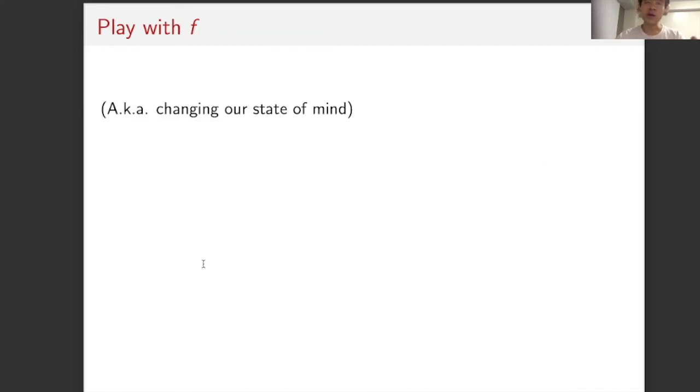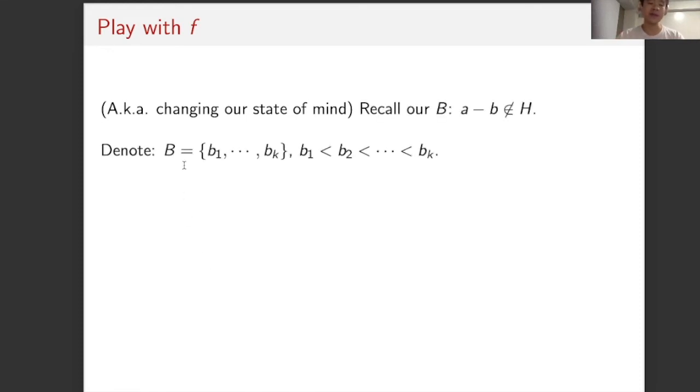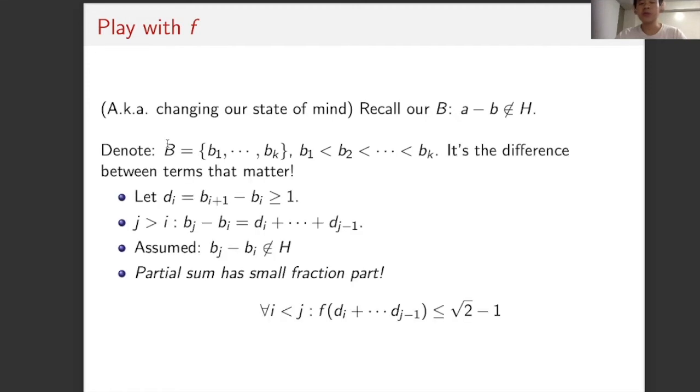Another thing that we want to remind ourselves is that, since we are only interested in the differences of the set, we can think about the relative distance between each pair of the numbers in the set B. But how do we do this in a more methodological way?